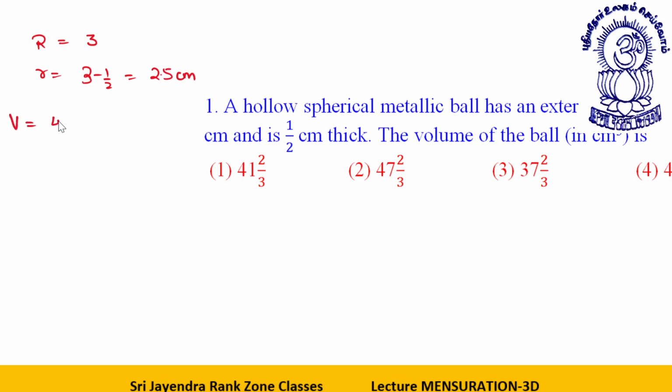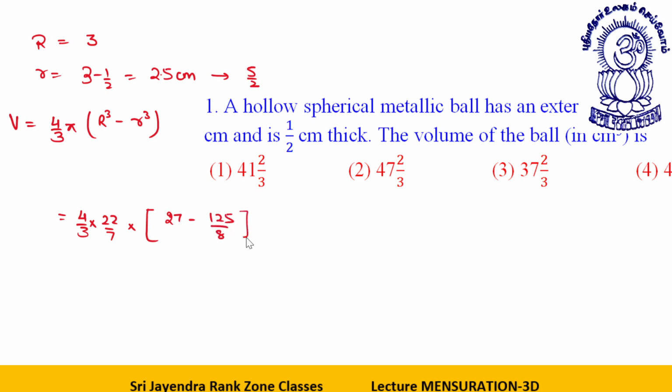So volume will be 4 by 3 pi R cube minus r cube, that will be 4 by 3 into 22 by 7 into 27 by 8 minus 125 by 8.